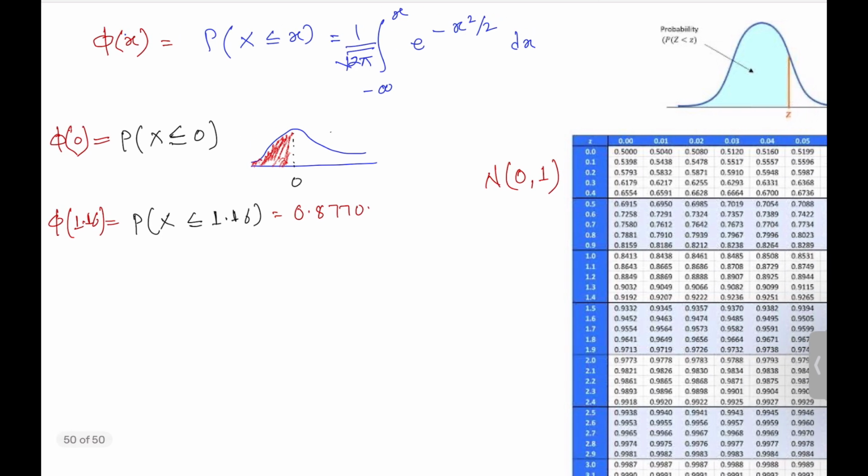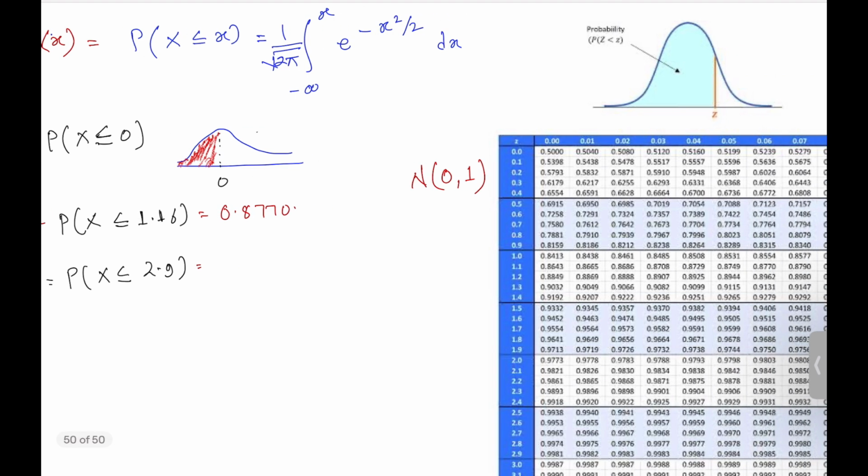right? Let's try to find one more probability. So you might be interested in finding the probability that random variable x takes the value less than or equal to maybe 2.9. And if you have to write the same probability in terms of the CDF notation, the value of CDF at 2.9.